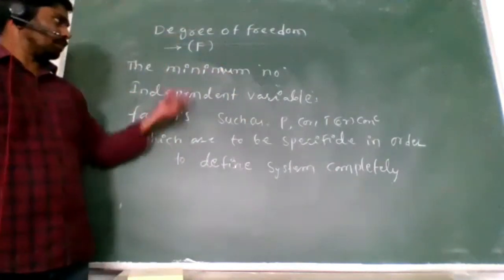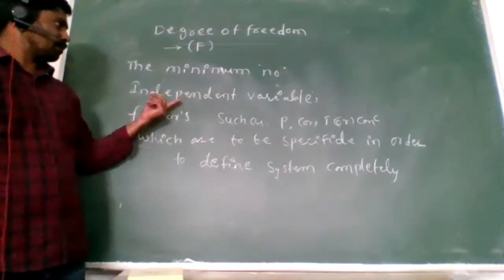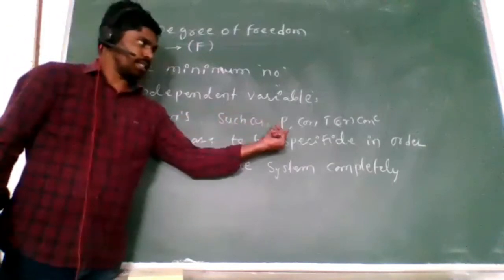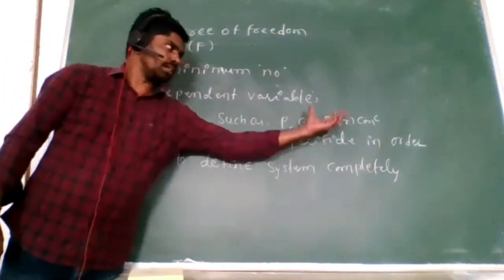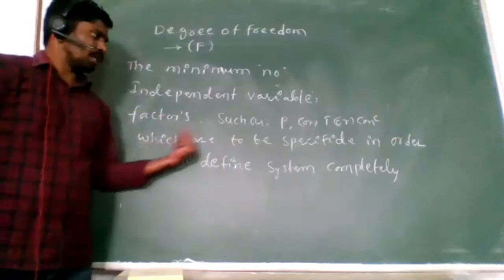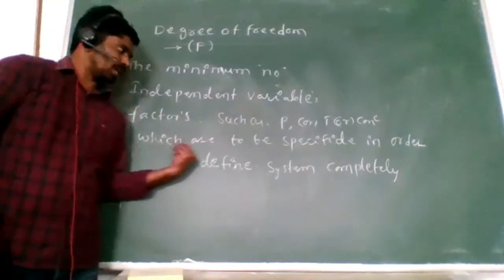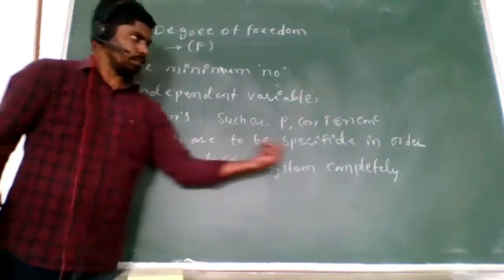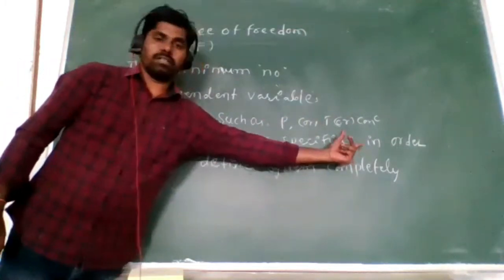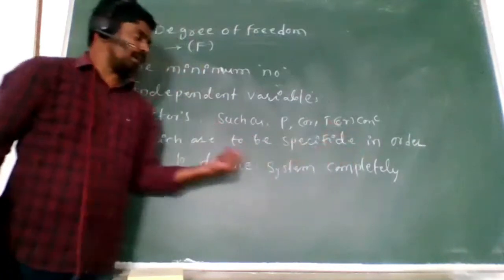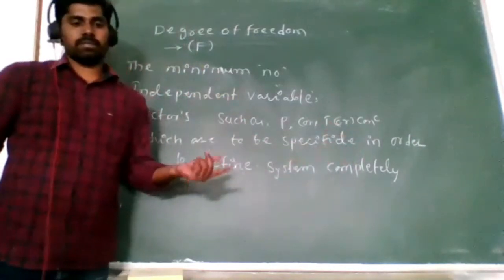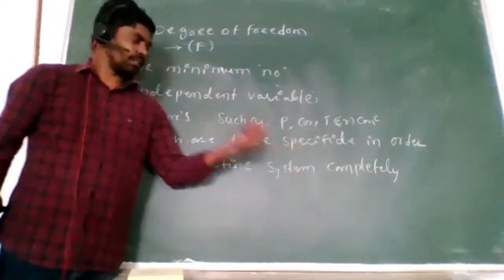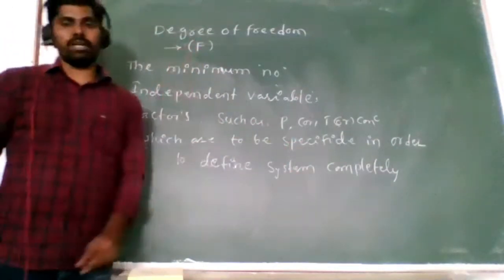The minimum number of independent variable factors, pressure, temperature, concentration, which are to be specified to describe the system completely. That is called the degree of freedom.